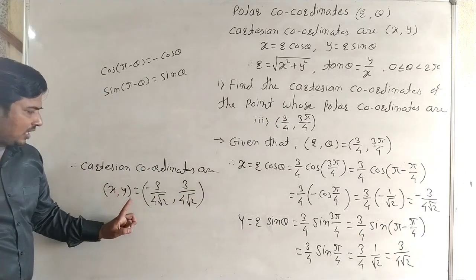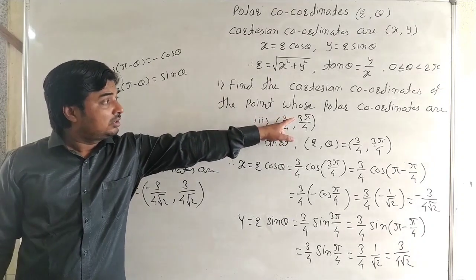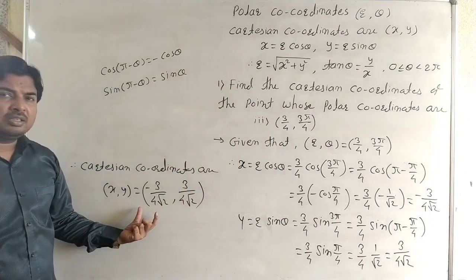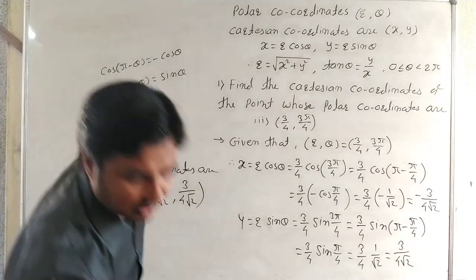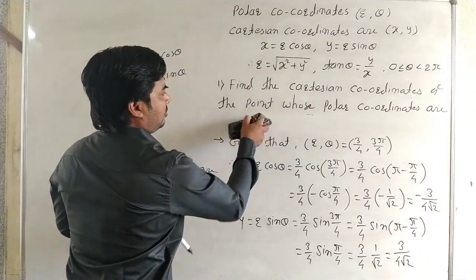Here it is the Cartesian coordinates whose polar coordinates are 3 pi by 4 comma 3 pi by 4. Now we see the next, last example in the first question.